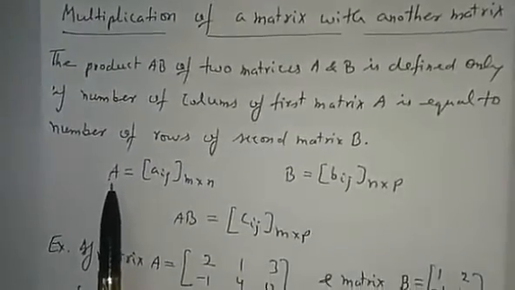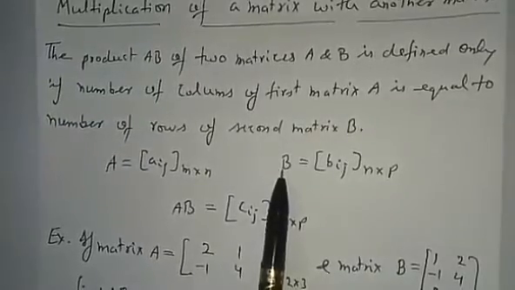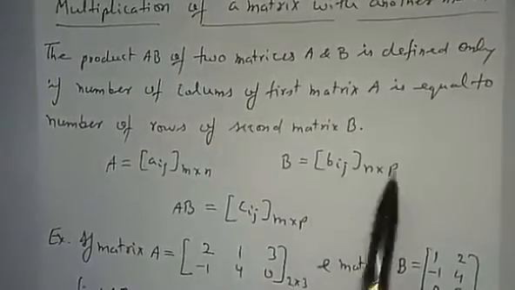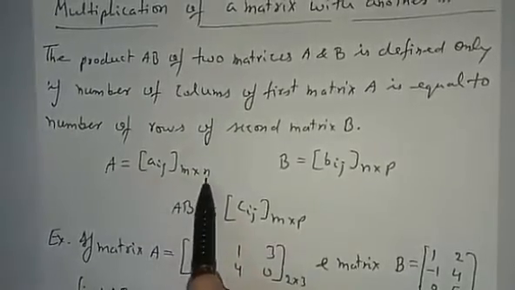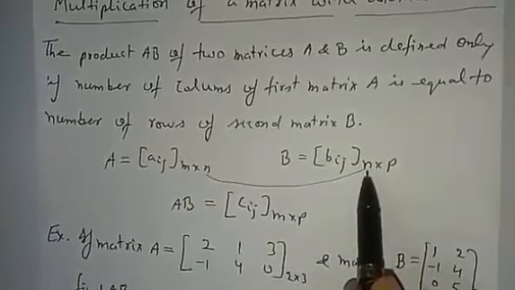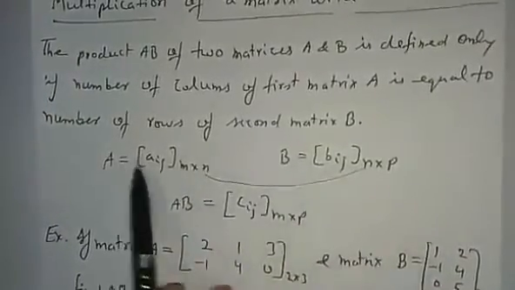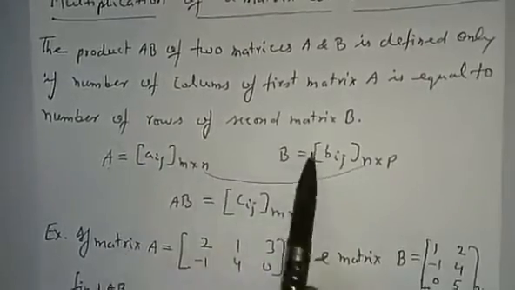Suppose matrix A, its order is m into n, and matrix B, its order is n into p. So here we are observing that number of columns of first matrix is equal to number of rows of the second. So in this situation, matrix multiplication is defined, means we are in a situation to calculate AB.